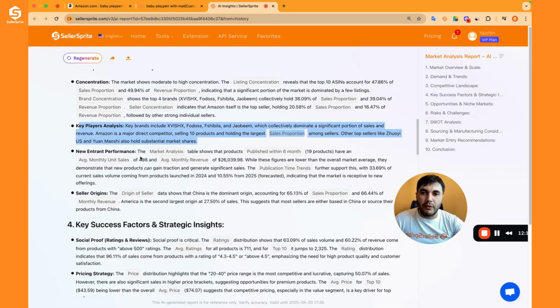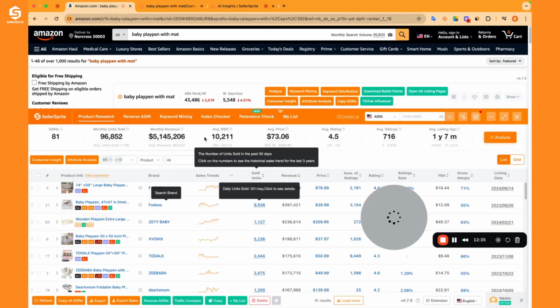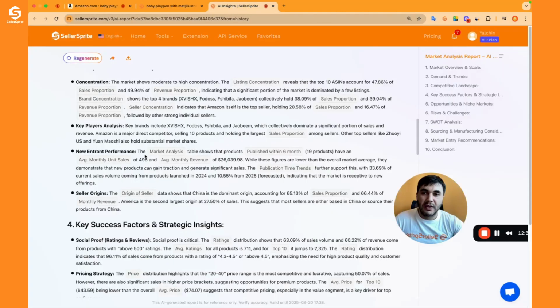New entrant performance. The market analysis table shows that products launched in the last 6 months, there are 19 products, have an average monthly unit sold of almost 500. So among those 81 products we analyzed, 19 of them, almost 1 out of 4, 25% of those products are new products.